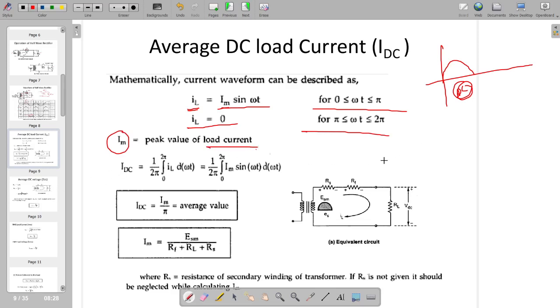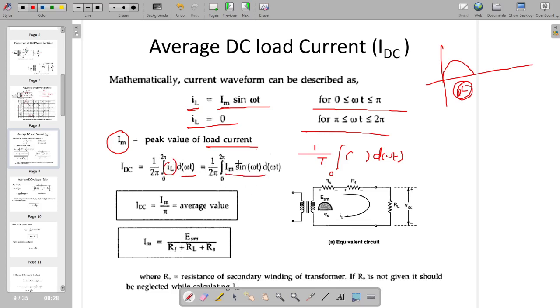We all know the formula to find the average DC load current: IDC is equal to 1 upon the time period, the integral of IL d omega t. So IDC equals 1 upon 2 pi, integral from 0 to 2 pi of Im sin omega t d omega t.